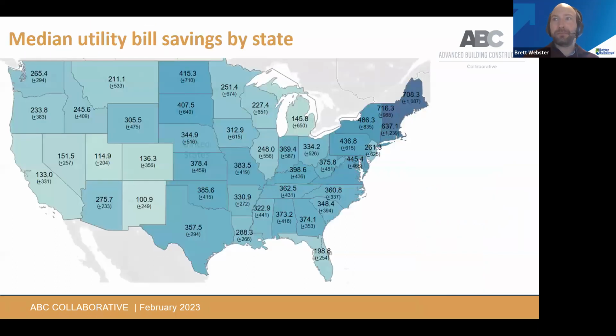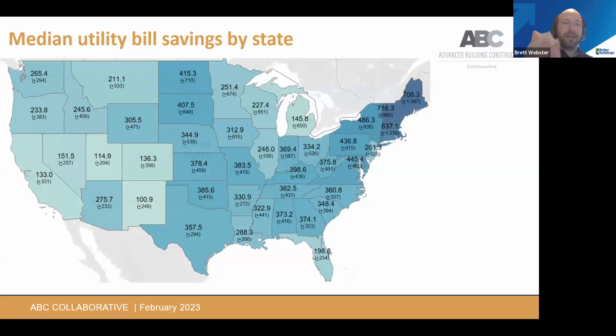Next slide, please. So we then looked at what these package assignments would do in terms of utility bills. And so this is just a map showing the median utility bill savings by state for the assigned packages.